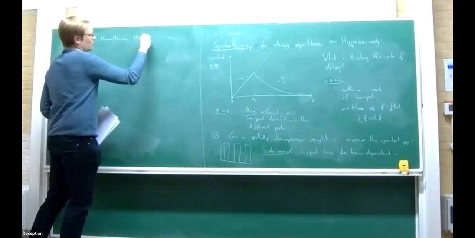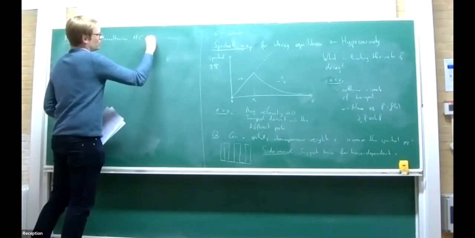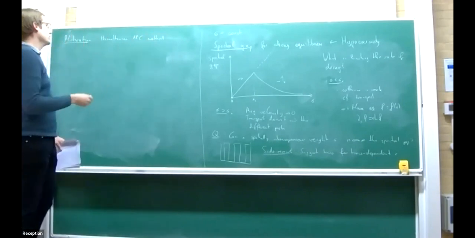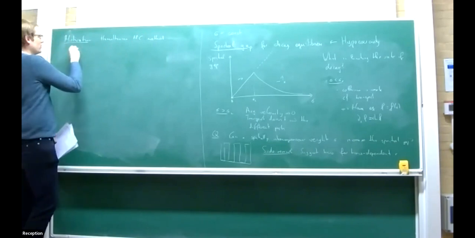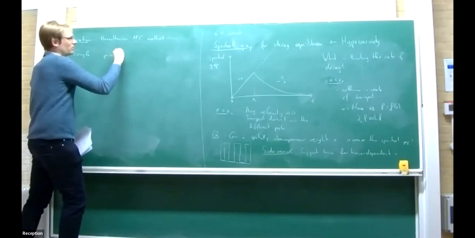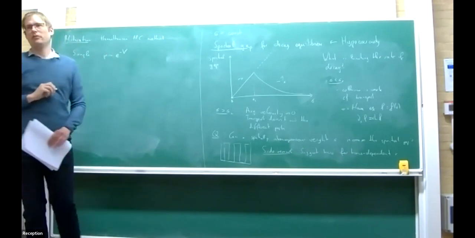The idea is, you want to sample from a distribution mu, which is proportional to e to the minus V, for some potential V.